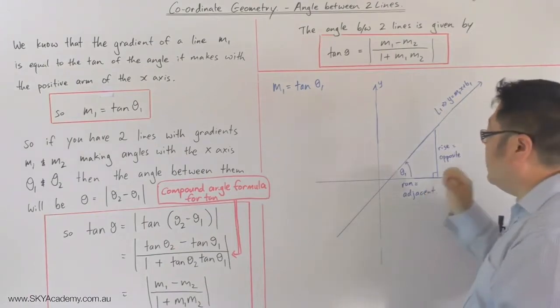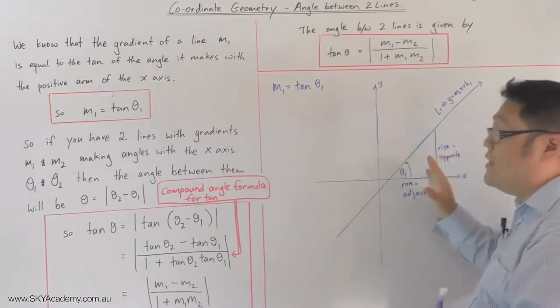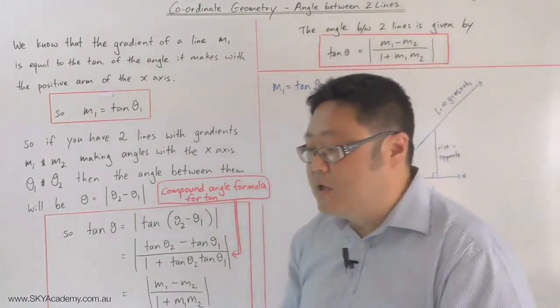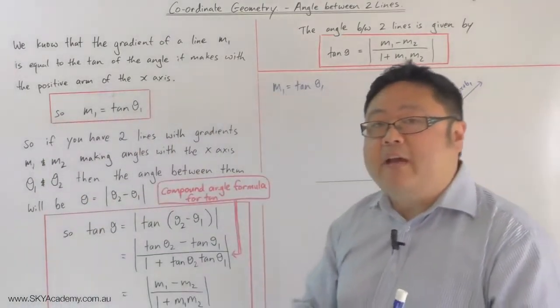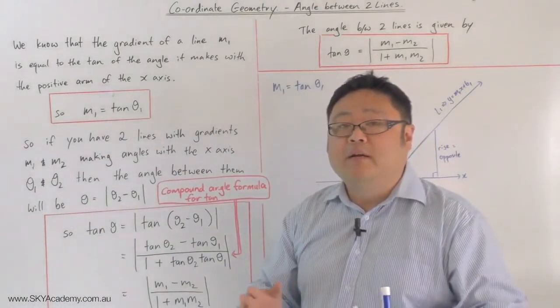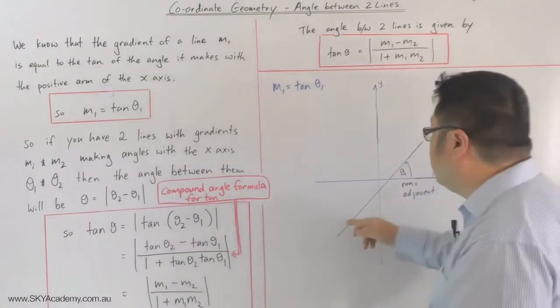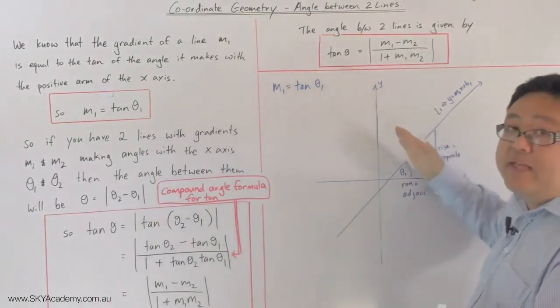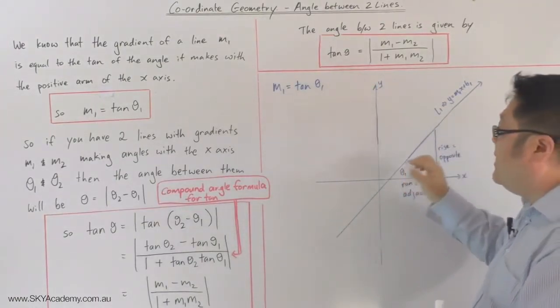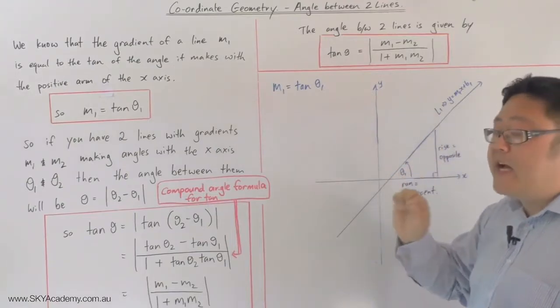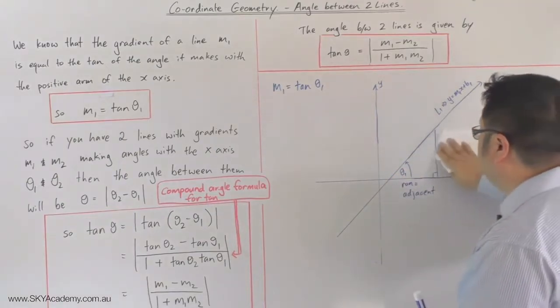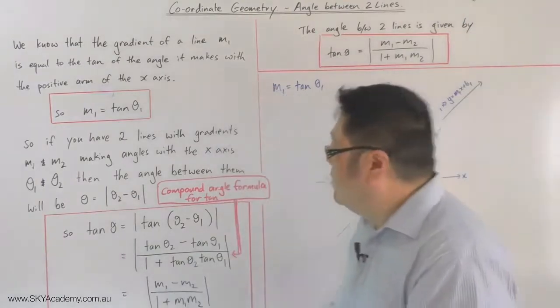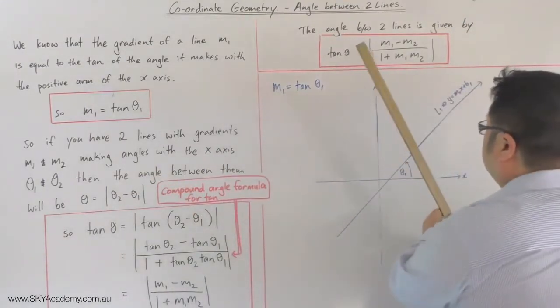Once we've got that, the other thing I want to look at is the angle between two lines. If we had this line here and another line going this way, what would be the angle between them? We can actually work that out. Let me put the second line in.